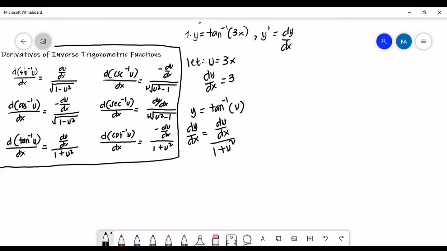Now, since we already have our u and du/dx, we could substitute them in our formula. So dy/dx is equal to 3 over 1 plus u squared, where u is 3x. Overall, dy/dx is equal to 3 over 1 plus 9x squared. So this is our answer.